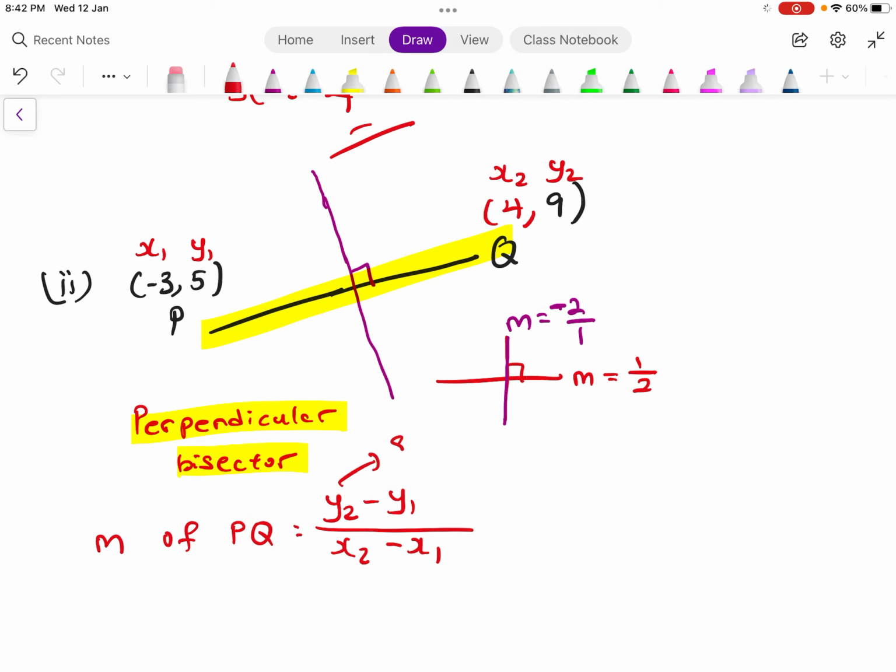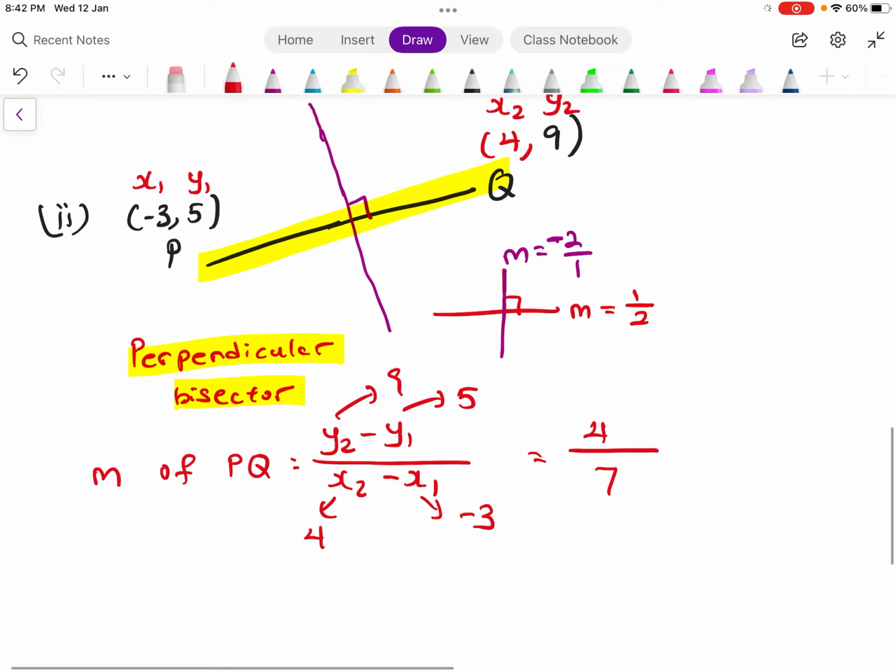I put down x1, y1, then x2, y2. I sub in: y2 is 9, y1 is 5, x2 is 4, x1 is negative 3. The numerator is 9 minus 5, which is 4. The denominator is 4 minus negative 3, which is 7. So that is the gradient of PQ.